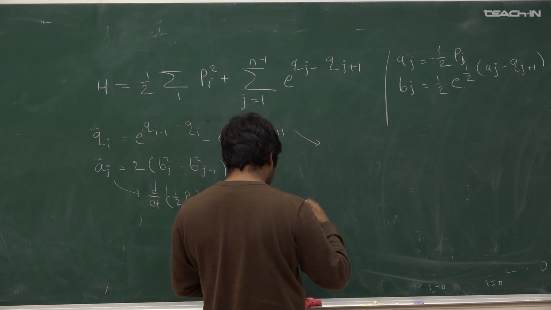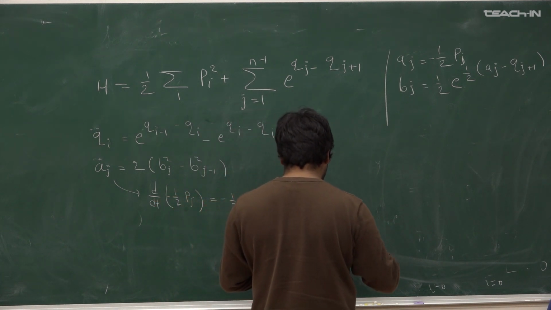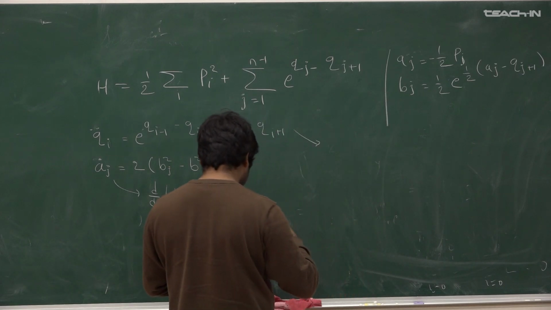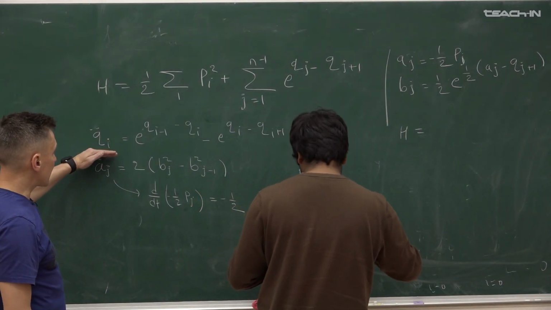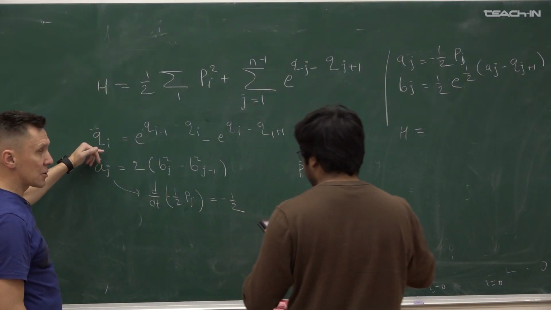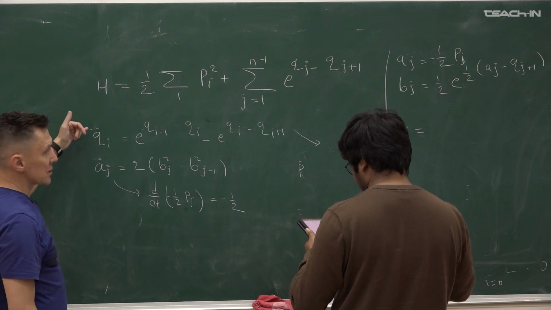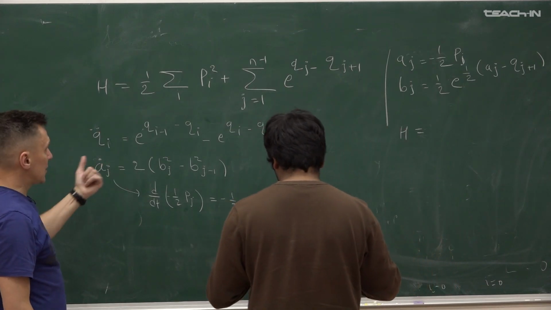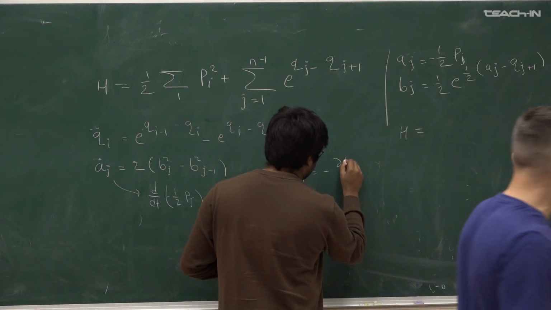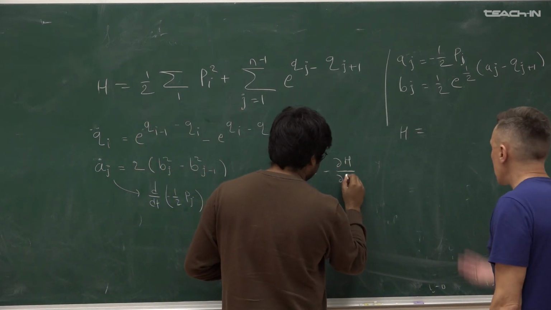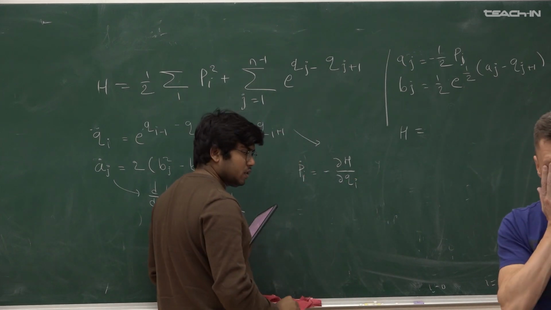With the canonical coordinates P and Q, so what is p dot and q dot? If you keep both types of variables, it is quite richer.